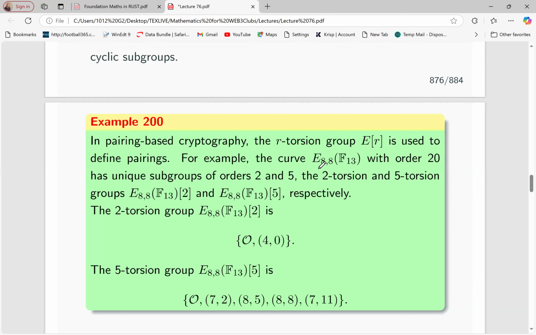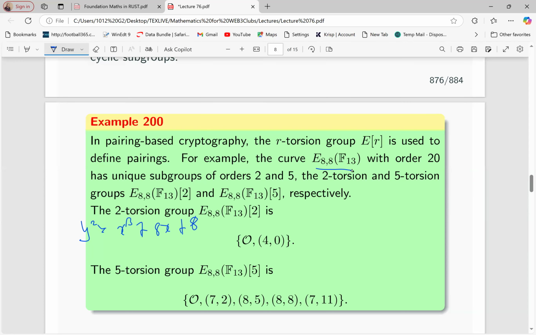Now we look at this elliptic curve. Of course, we know what it means. We know that this means y squared is x cubed plus 8x plus 8. This one is done on F13.